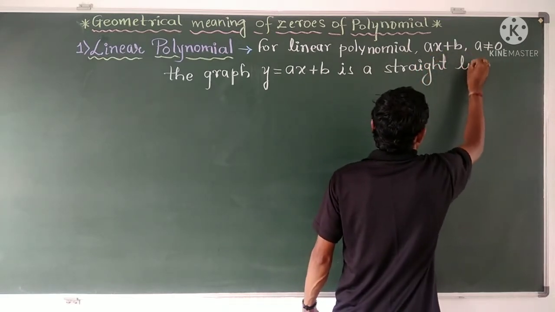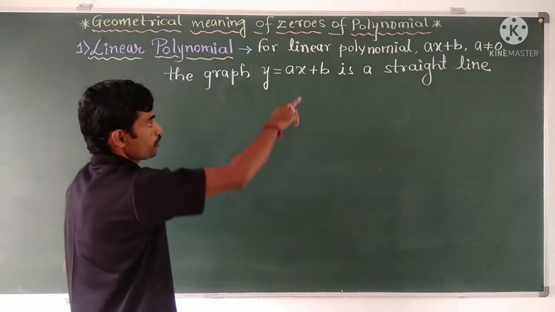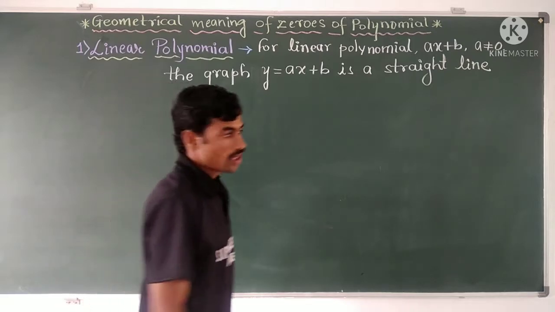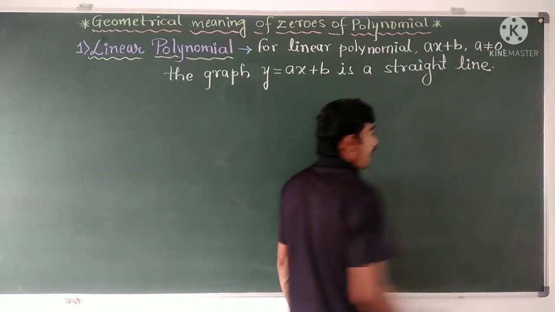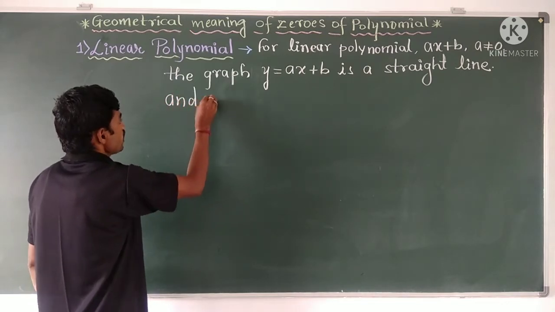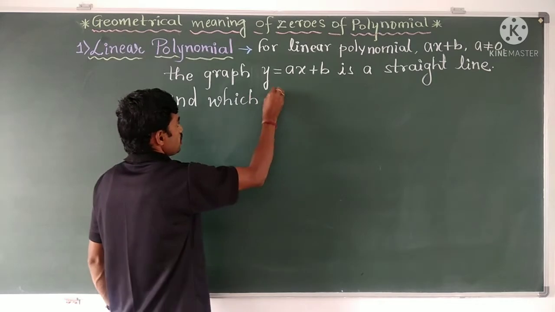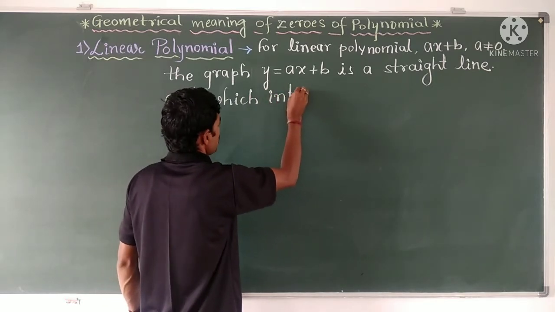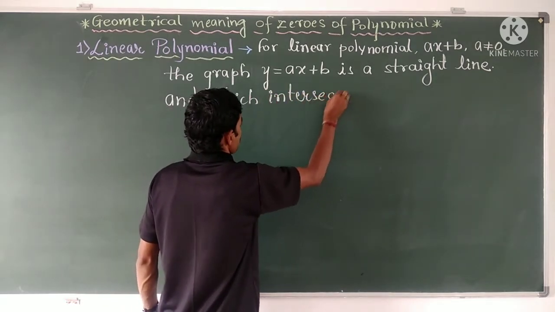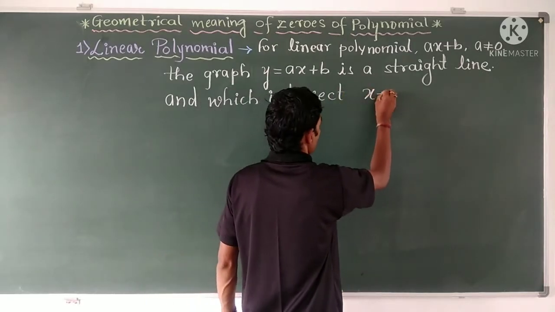So whatever graph we get for a linear polynomial is always a straight line, and it intersects the x-axis. Only the x-axis we have to consider.